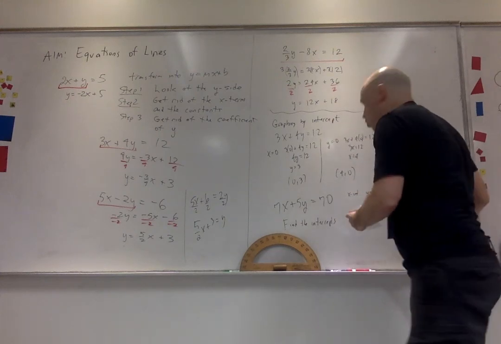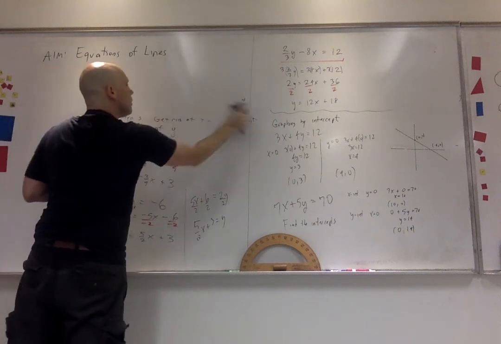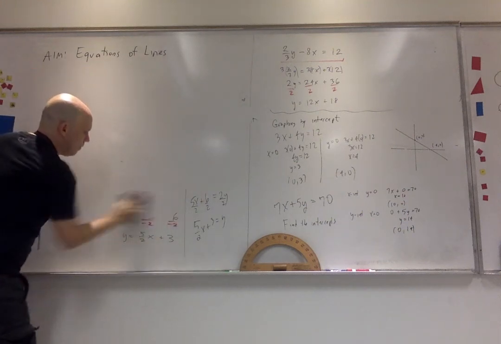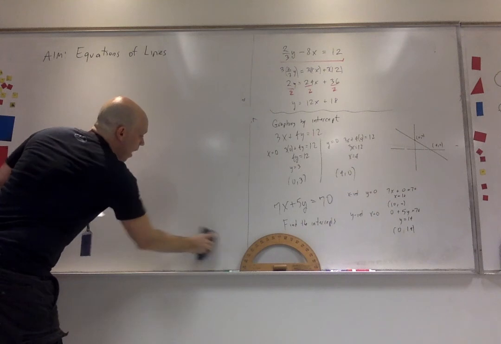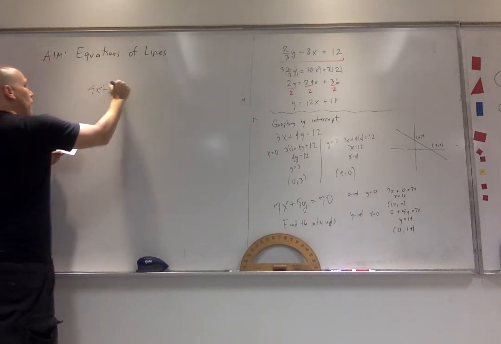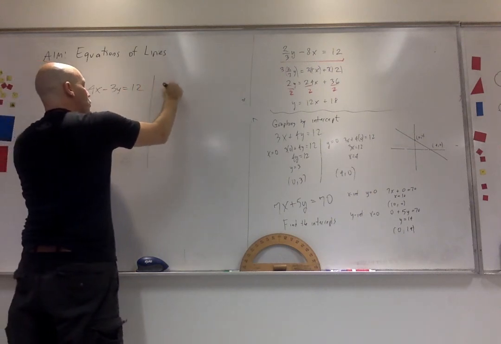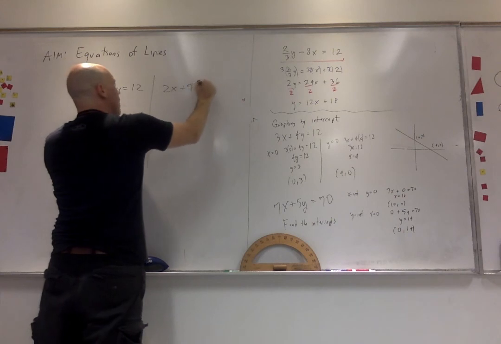Why don't you try these two on your own? Try these two on your own, and then check it in decimals. Let's see, 4x minus 3y equals 12. And then try 2x plus 7y equals 28.